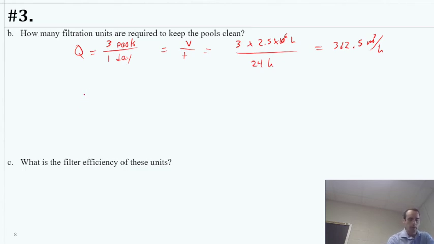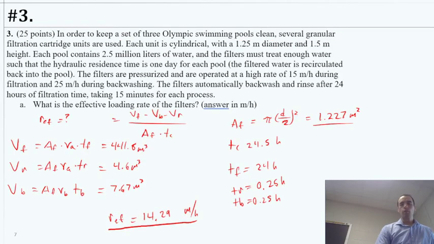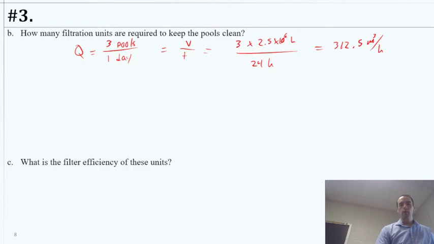Essentially, we're going to say we have to meet that flow with some number of filters, given that they're effectively operating at the answer we got in part A, which was about 14.3 meters per hour loading rate. A couple different ways you could write this up. You could say that flow rate is going to be equal to the number of filters times the area of one filter.